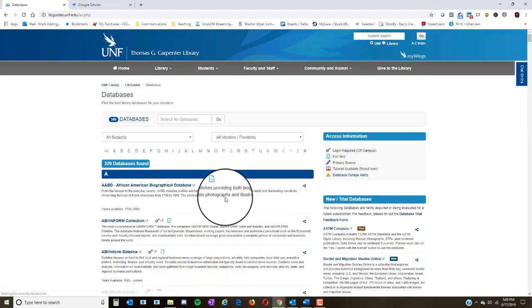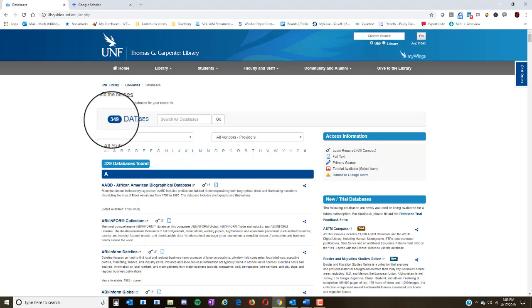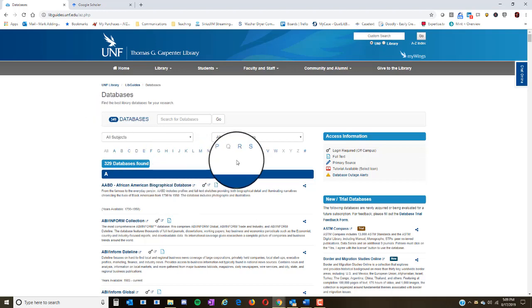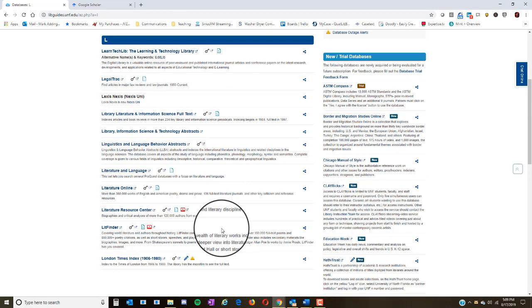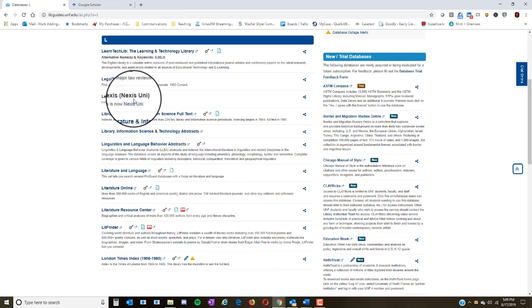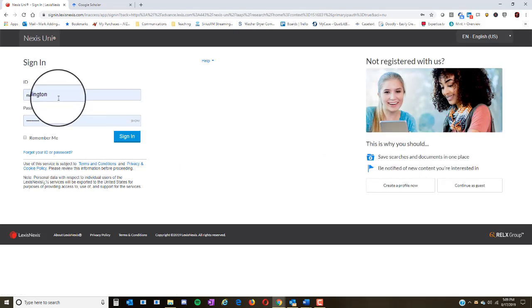When you find databases, there's a huge list, almost 350 databases that you can search. There's one that I really think is important for you to know about, and it's under L for LexisNexis, also called Nexis Uni. Same one. You click on that, and then you have to put in your sign-in credentials.